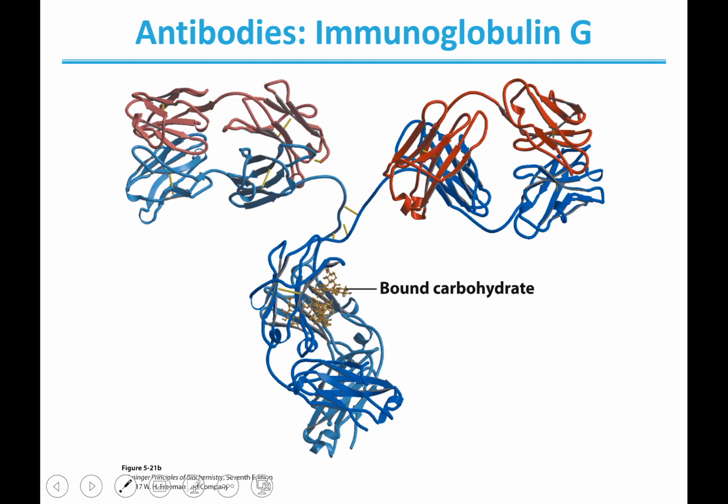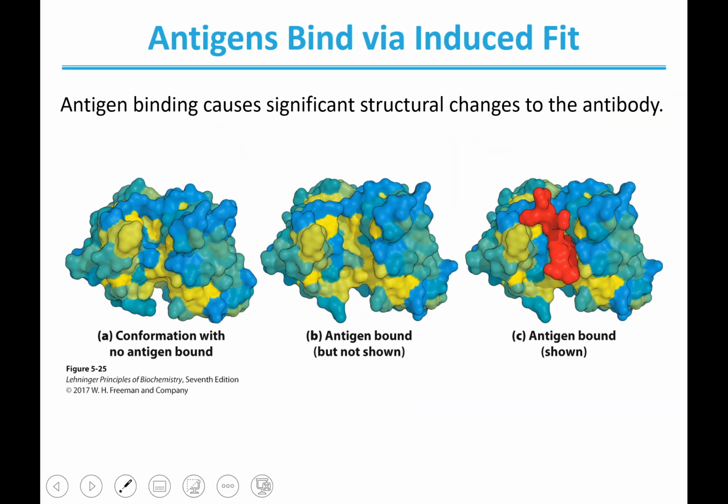This is a crystal structure showing the approximate Y shape. The red would be the light chain, these would be the variable domains, and the rest of this would be the constant domains. Antigen binding causes very significant structural changes to the antibody.